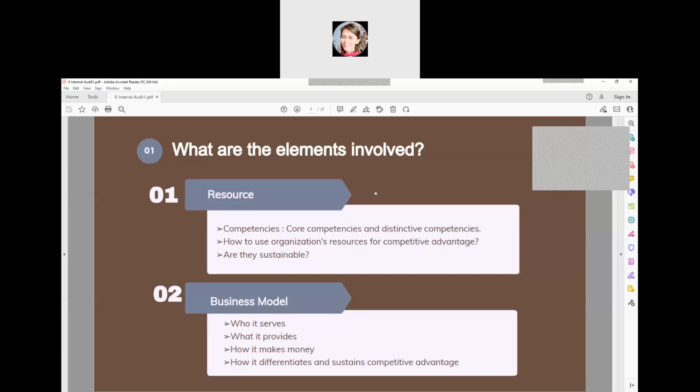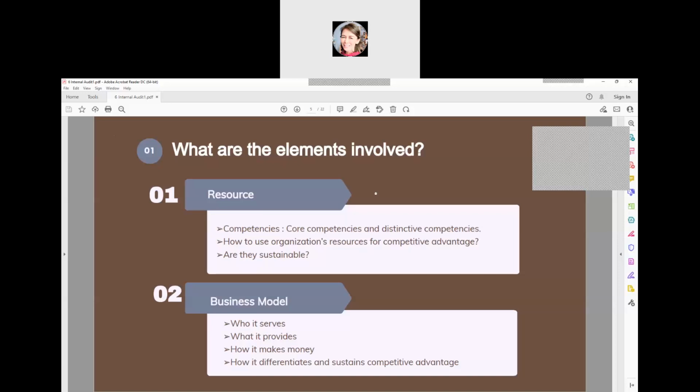Now, business model. For this one, we can go back to our discussion on mission statement, right? Remember last week we talked about mission statement. The concern of the organization related to this is the ability to determine who actually are the customers, and what they are providing for them.